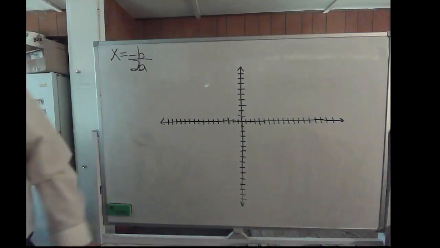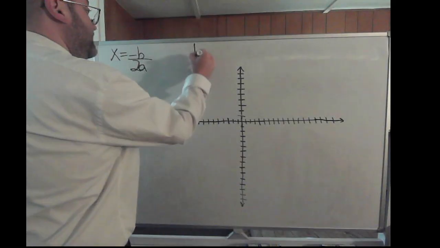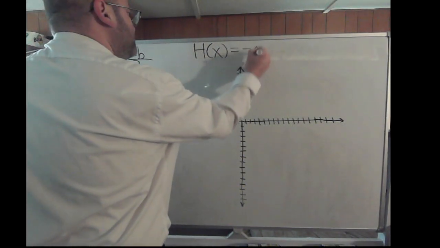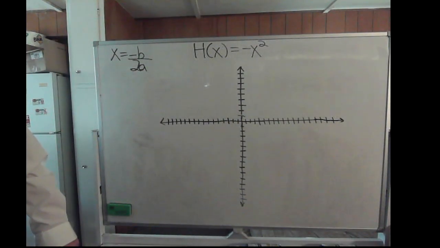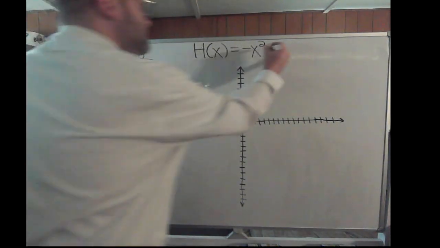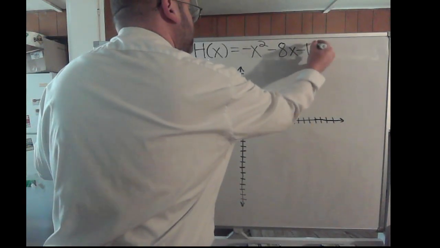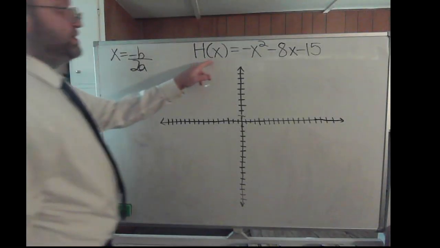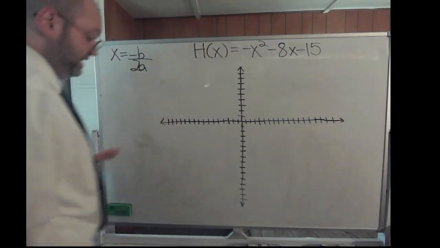What's the next one? We have h of x equals negative x squared minus 8x minus 15.